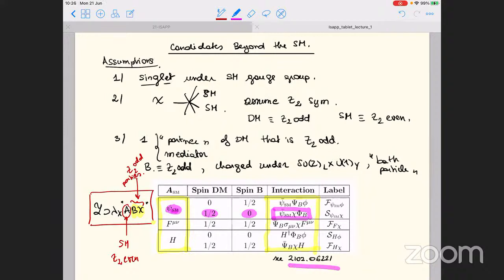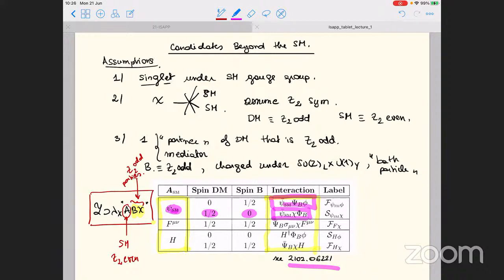I propose you, for example, to look at our paper where we looked at the phenomenology of feebly interacting massive particles within this classification, but you can find many other references, among others, for example, related to the use of micrOMEGAs, where you have a very similar analysis that has been done in the case where you have a scalar dark matter that would be a singlet under the standard model gauge group.